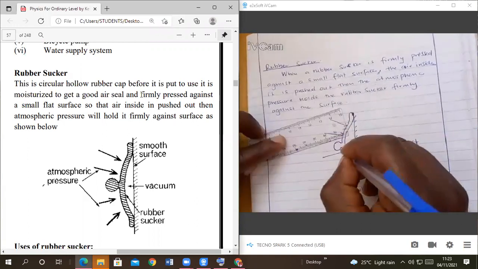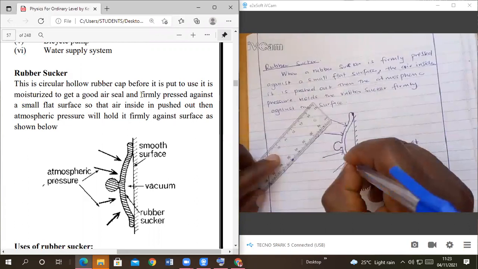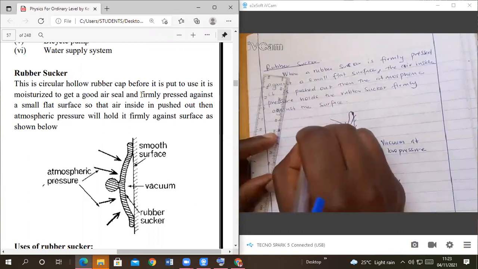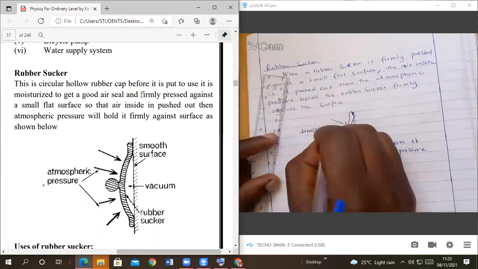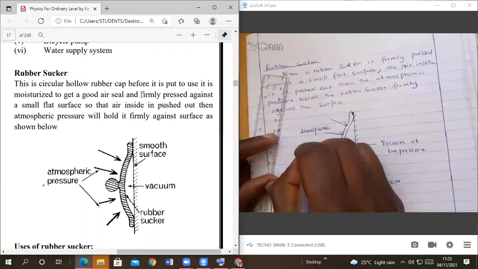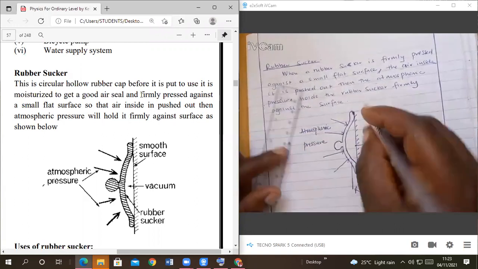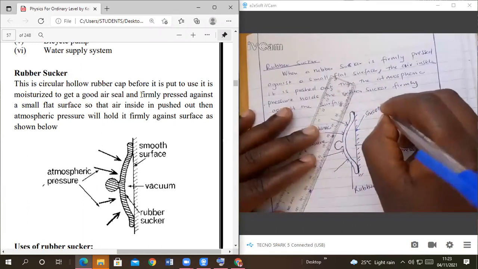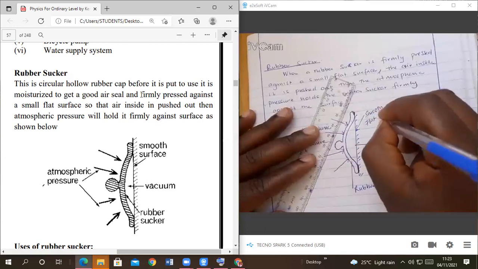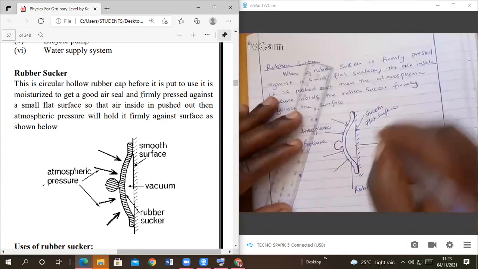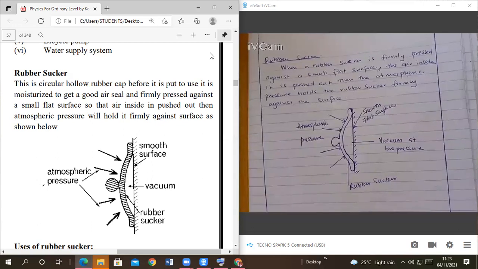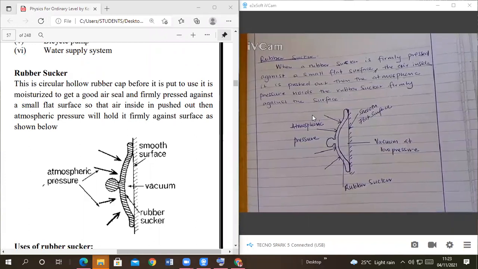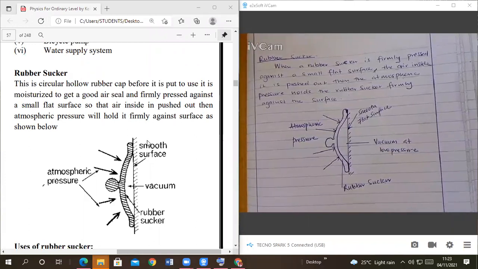From up, from down, everywhere there is atmospheric pressure. And this is what we call the smooth flat surface. All right, so that is the rubber sucker.